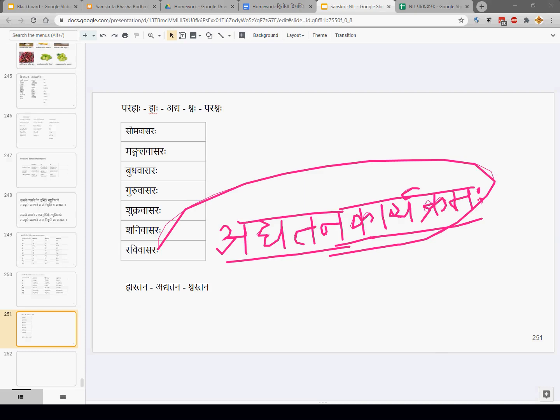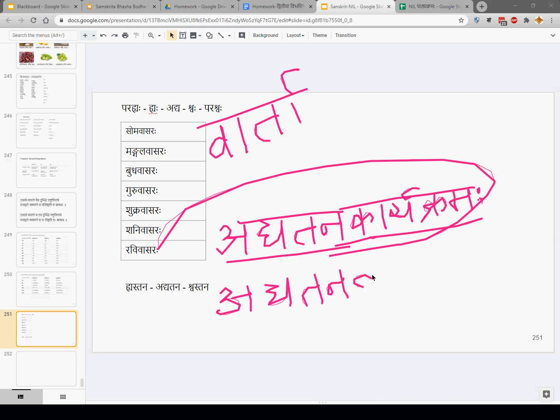Now, if you want to ask what is today's news, the word for news is Varta. So we can say Adyatana Varta, one word.